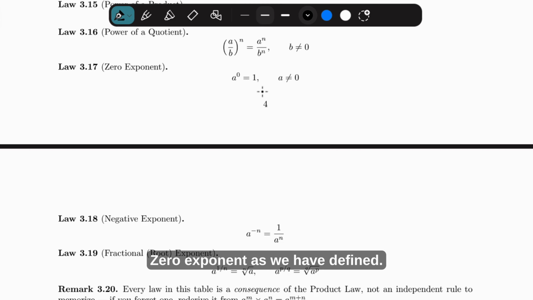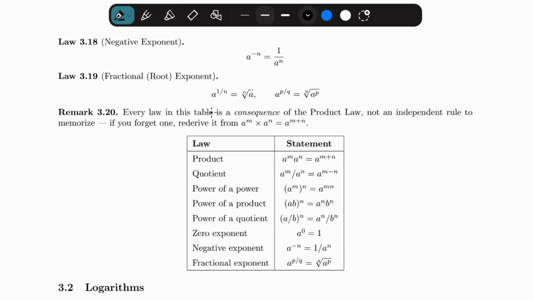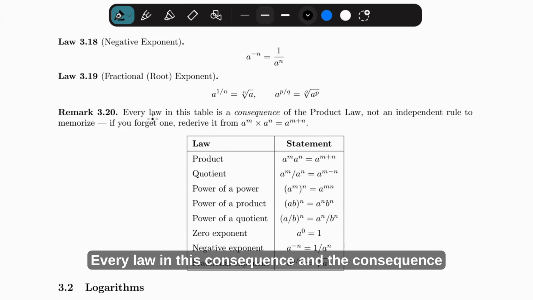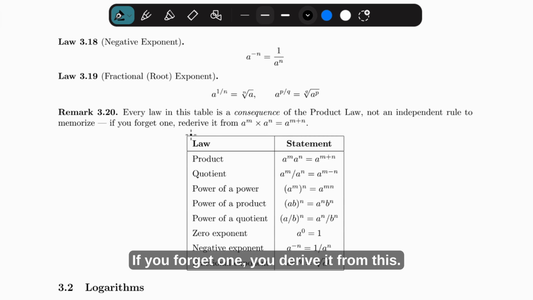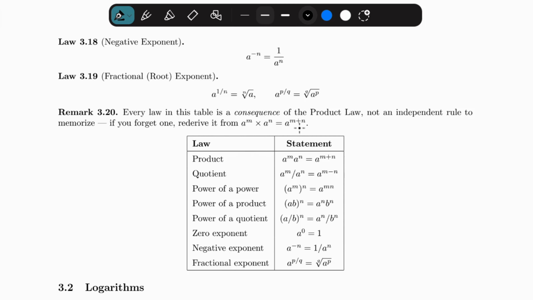Zero exponent and negative exponent, as we have defined, are just coming from the definitions. Every law is a consequence of the product law, not an independent rule to memorize. If you forget one, you can derive it from this.